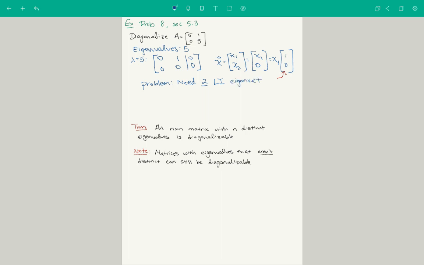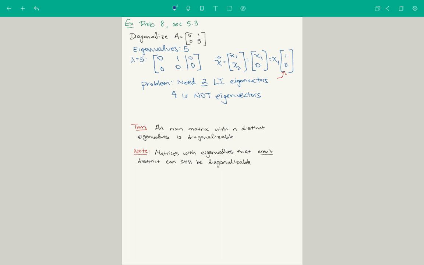What does this mean? This means that A is not diagonalizable. Incidentally, we know that we can't find a second linearly independent eigenvector because there are no more eigenvalues to draw from. So A is not always going to be diagonalizable, but we have a couple of shortcuts to tell.